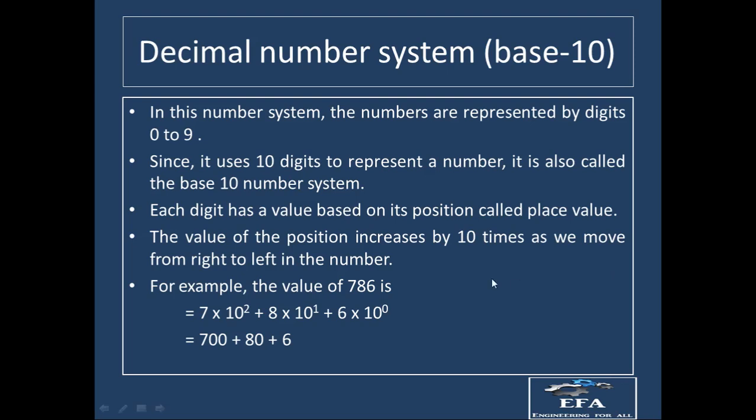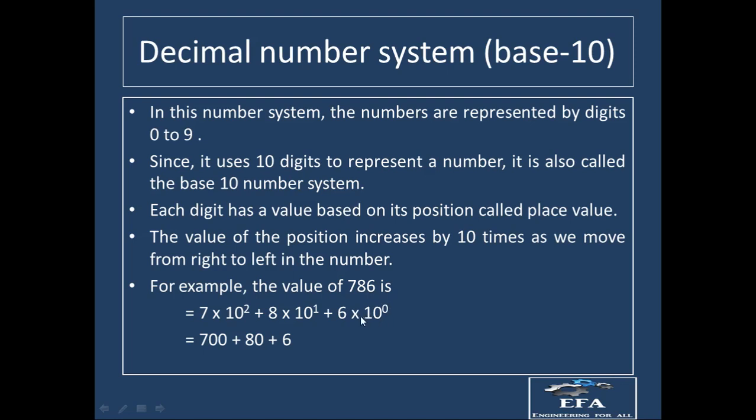For example, if we say that we are having a number 786, this number is having 3 digits, and each of these digits will be having different weightage or different position value. The number 6 is having the value of 10 raised to power 0.